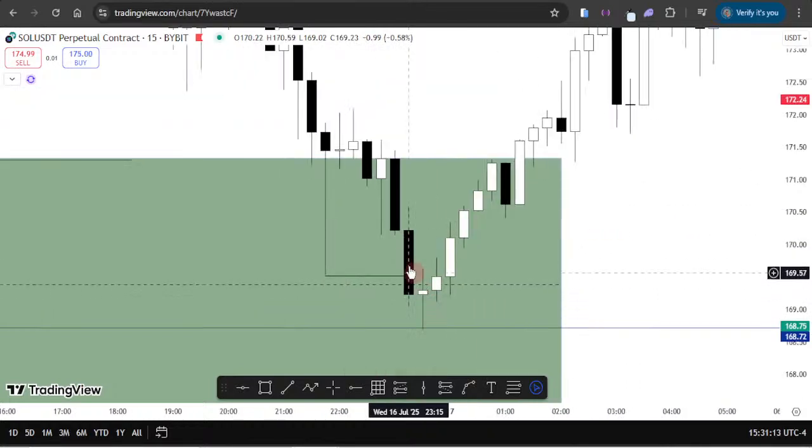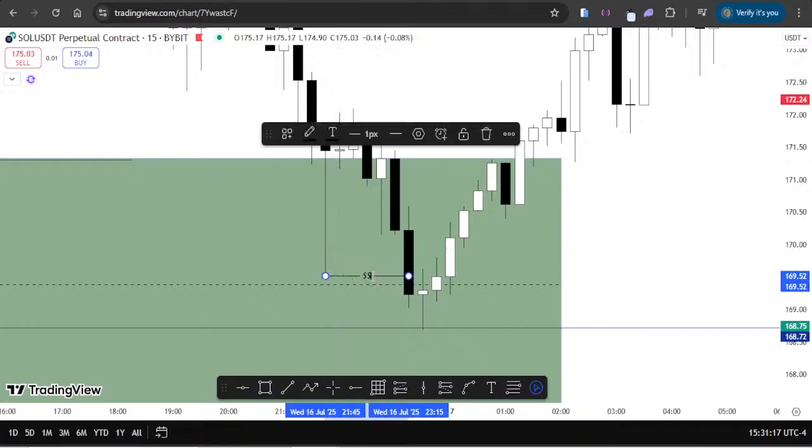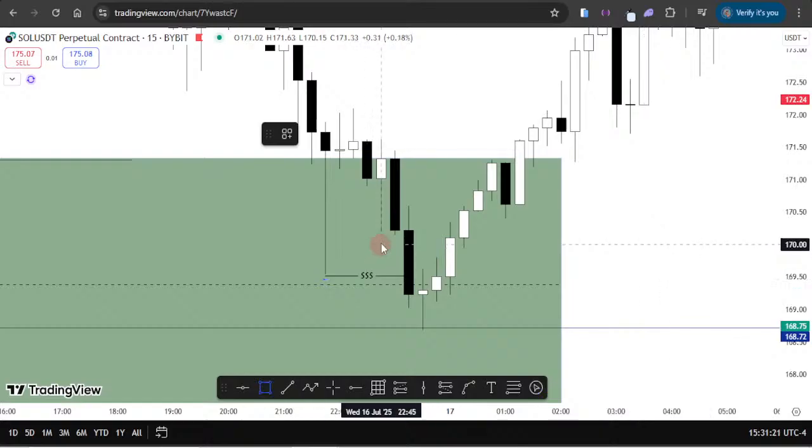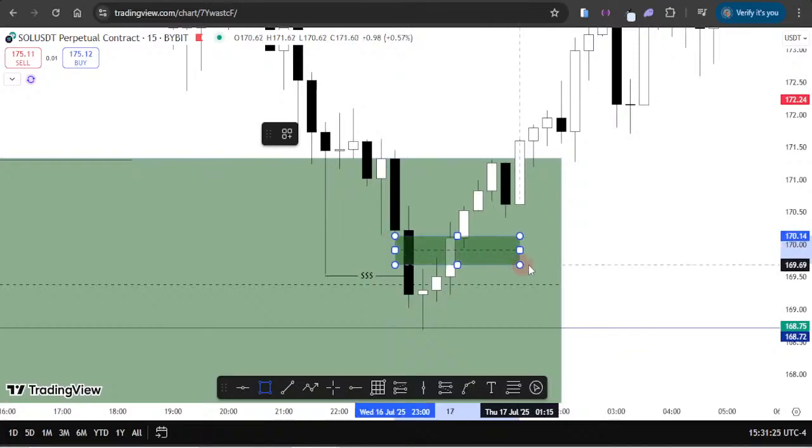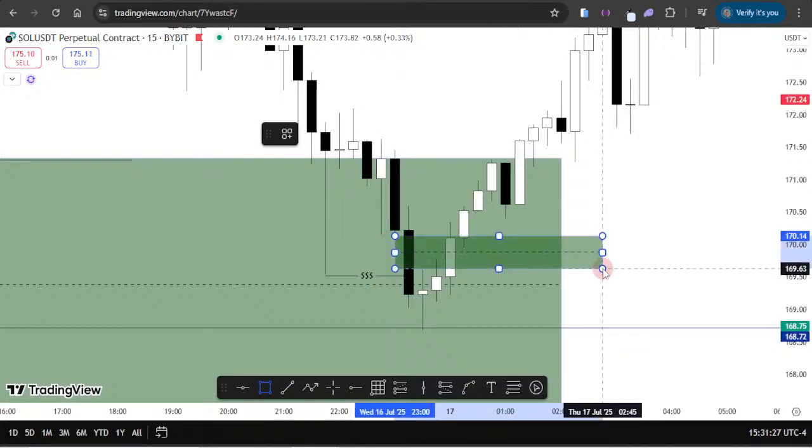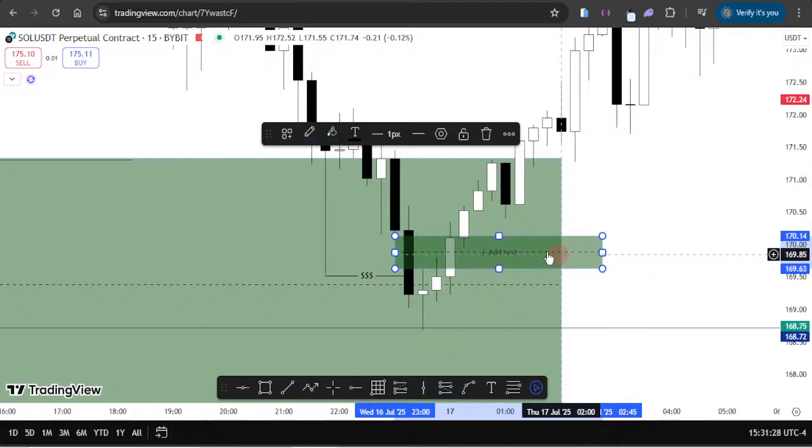So sweep of this low, this was sell-side liquidity taken. The low of this candle to the high of the third one. Inversion fair value gap.